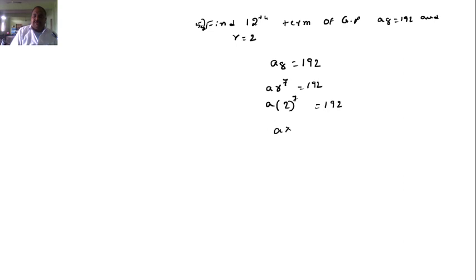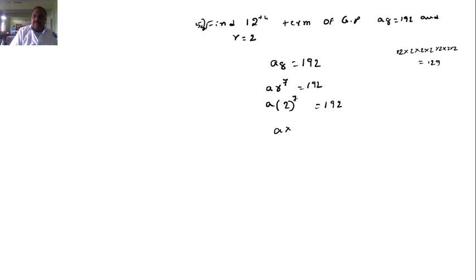What is the value of 2 to the power of 7? 2 into 2, seven times: 2, 4, 8, 16, 32, 64, 128. So this value is 128.